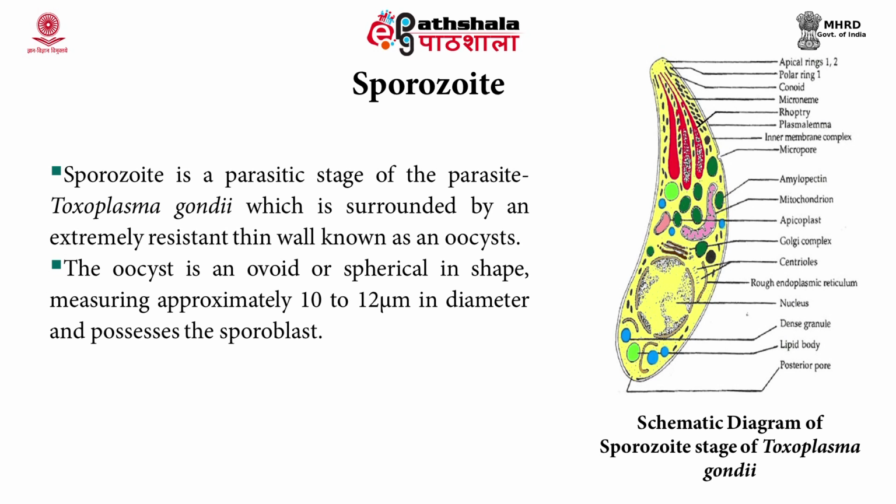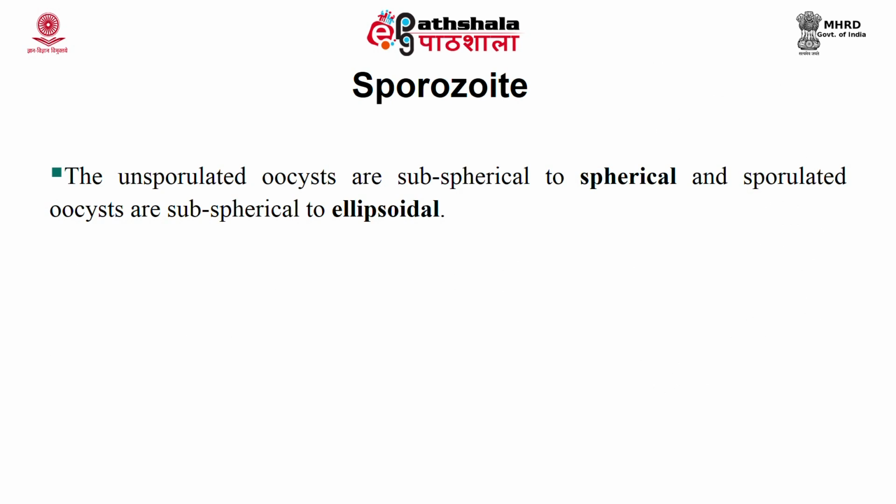The oocyst is ovoid or spherical in shape, measuring approximately 10 to 12 micrometer in diameter, and possesses the sporoblast. The oocyst is non-infectious before sporulation. The unsporulated oocysts are subspherical to spherical and sporulated oocysts are subspherical to ellipsoidal.